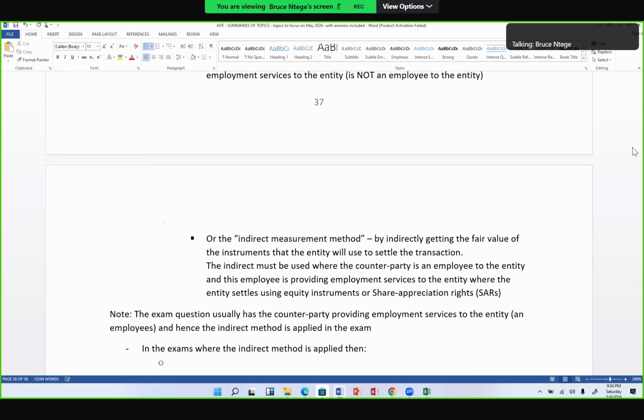Then in the equity settled arrangement, this question is equity settled. So if the question you're dealing with is an equity settled share-based arrangement, always the fair value of the equity instruments, those equity instruments may be called share options, e.g. share options, because that's the word it usually uses.